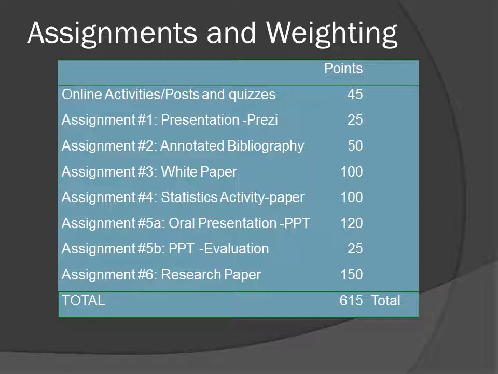You will need to do a Prezi introduction presentation. You will complete an annotated bibliography. You will complete a white paper and the statistics activity and an oral presentation and a research paper. You will also evaluate other students' PowerPoint presentations.